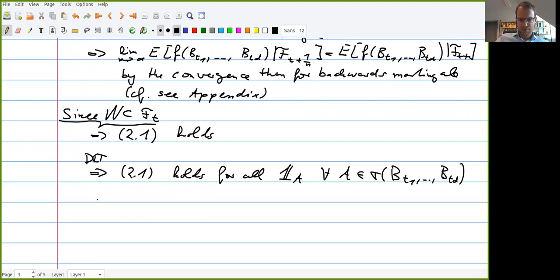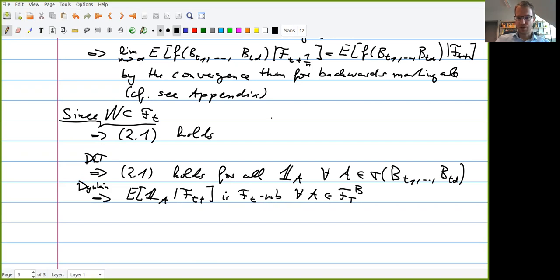And now with the standard extension arguments, Dynkin's system, or if you look at Dynkin's argument, you can conclude that if you look at indicator functions in general and restrict them to F_{t+}, this is F_t measurable for all A in F_{t+}.